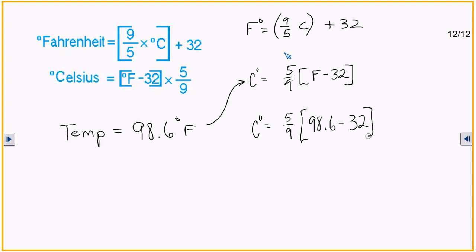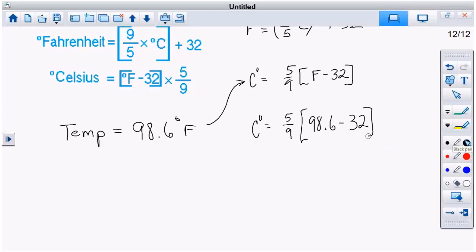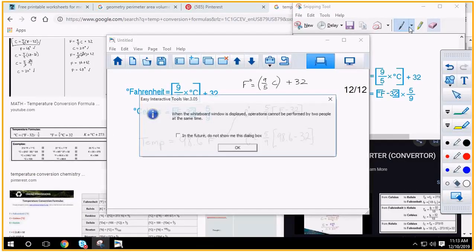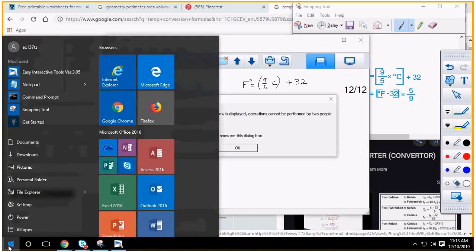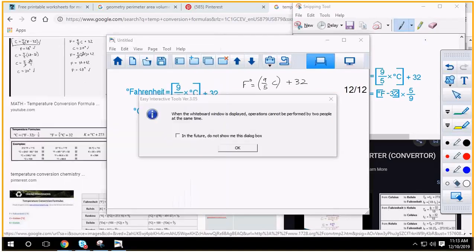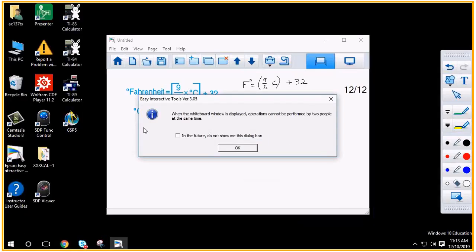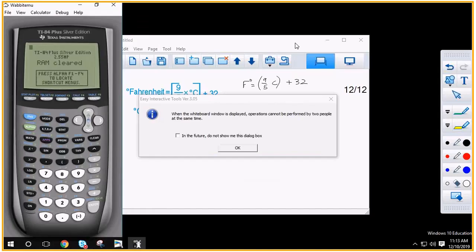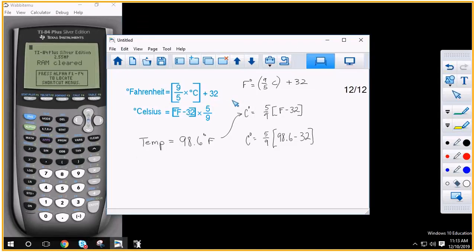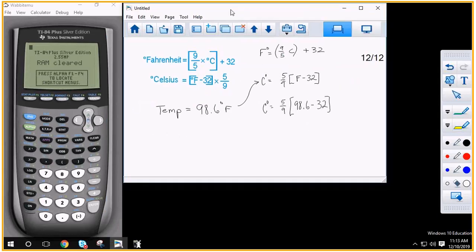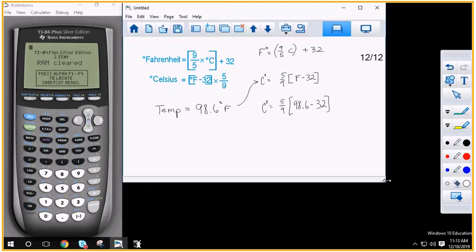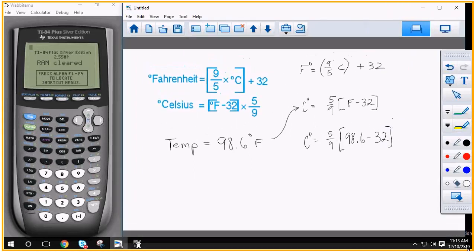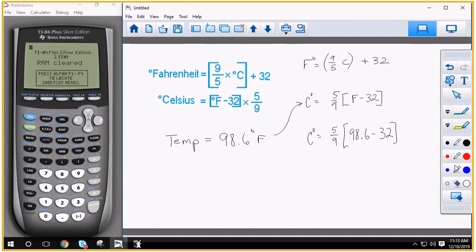Now, of course, unless you're Rain Man, you're going to do this on the calculator. So what I'm going to do is I'm going to pull up the calculator. Sorry. Should have already had it pulled up. My bad.